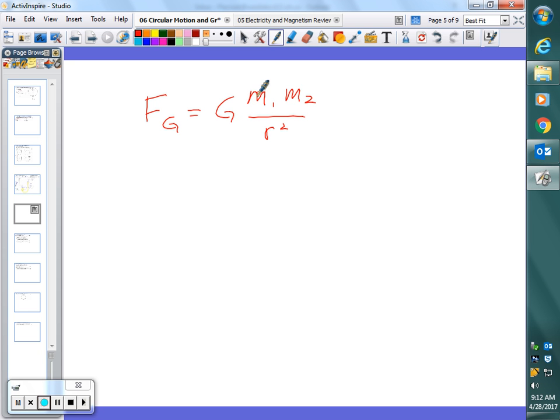It depends on the mass of the two objects, both direct relationships. It also depends on the distance between them, which is an inverse square relationship. If you double the distance between them, you reduce the amount of gravity to 1/4 of its original value because of the square on the bottom of the fraction.